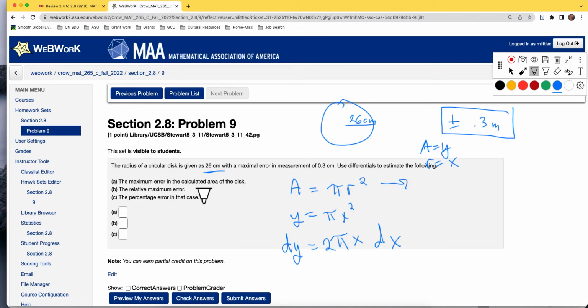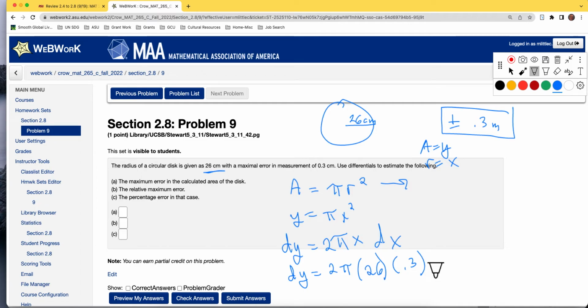The relative maximum error, the percentage error in this case. So, the maximum error in the calculated area. Okay, so using differentials, we should get that dy might be off by as much as 2 pi. We know that x is 26. We know that dx is plus or minus, but we'll just use 0.3, so this gives us the maximum, the positive one.